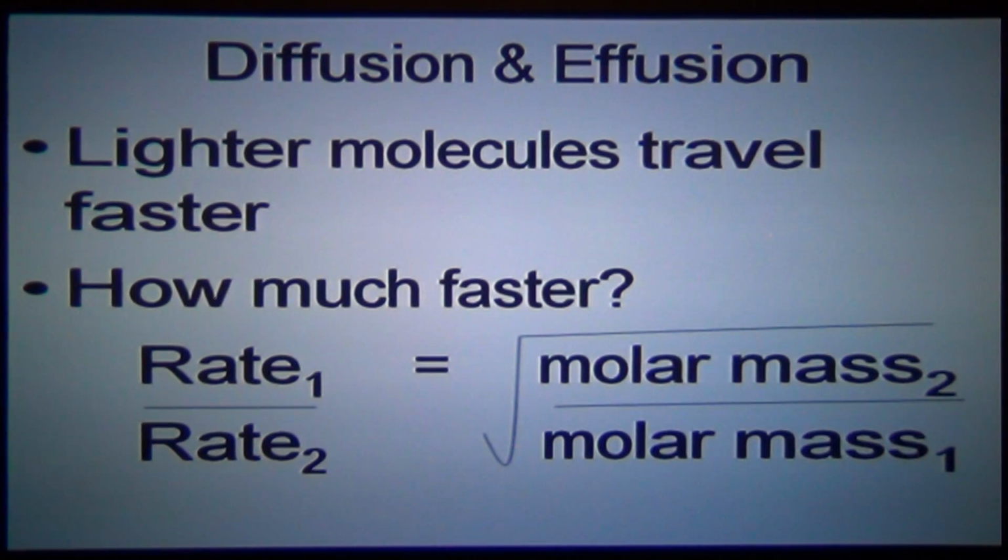Basically, Graham's law says the heavier the molecule, the slower it's going to be. The lighter the molecule, the faster it's going to be. So in this case, we need two gases, and we can compare their relative rates. How much faster is the lighter gas going to be compared to the heavier one using this equation?